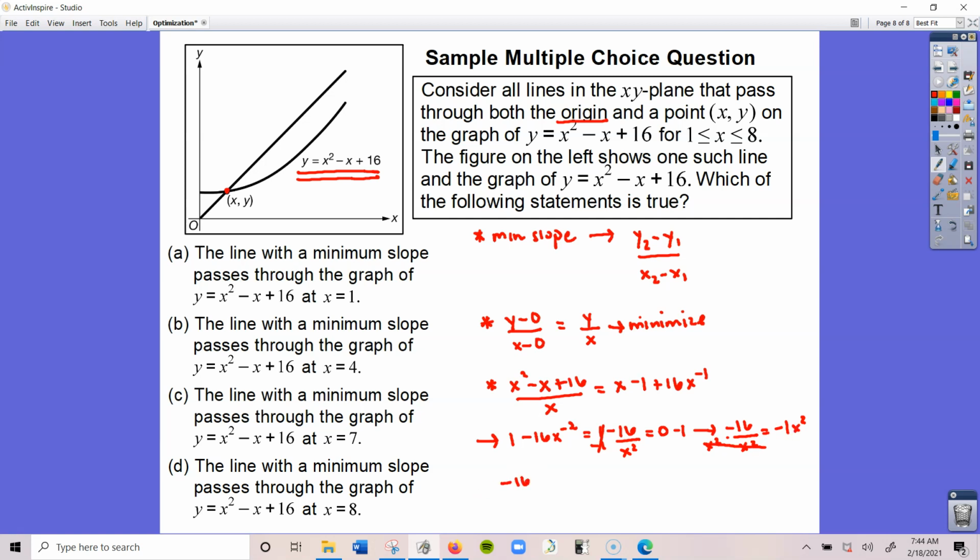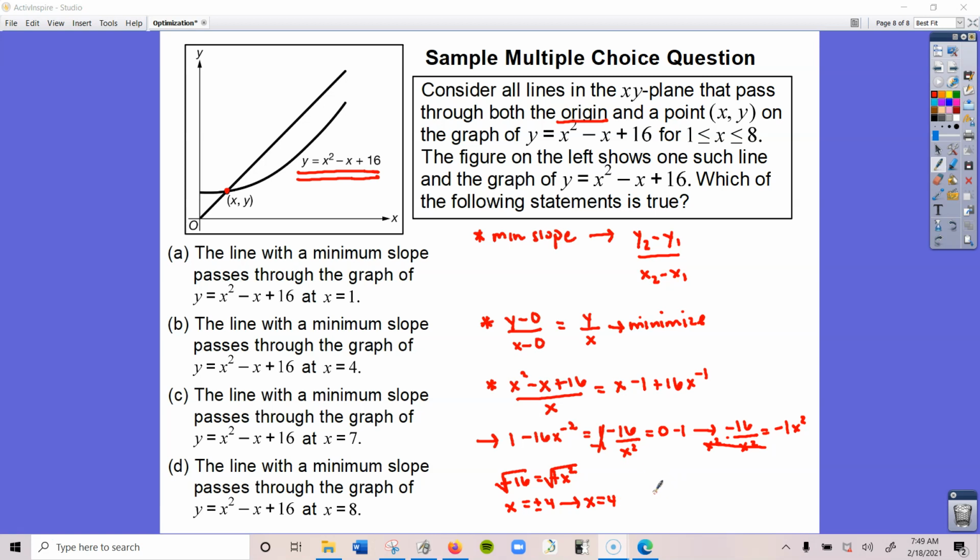So negative 16 is equal to negative x squared. We can cancel out the negatives by dividing by negative 1, making it both positive. Then we can square root both sides, and that gives me x is equal to plus or minus 4. Now, if you look at the graph here, we can see that this is on the positive x-axis, so the only critical number that we are concerned about is x equals 4.